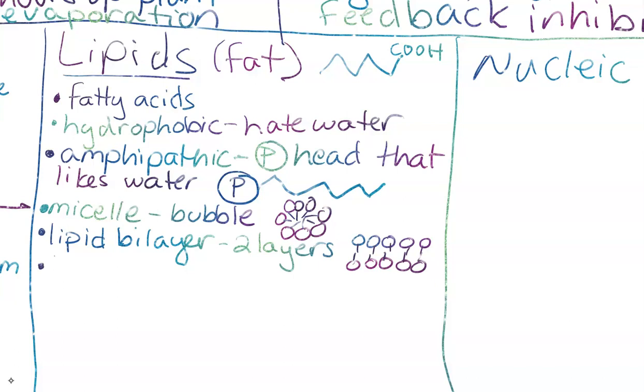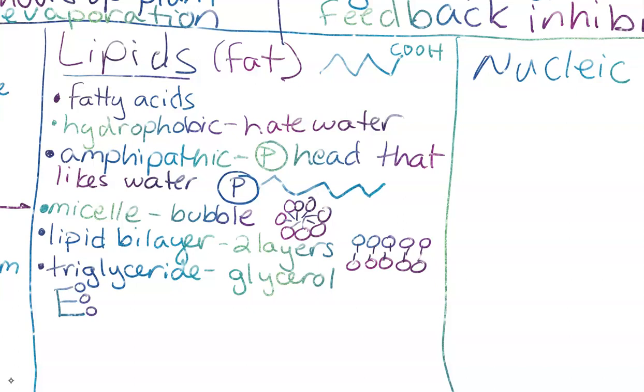A common simple fat is called a triglyceride. This is made of glycerol. Glycerol looks like this, like an E with O's, plus fatty acids, three of them to be exact: 1, 2, 3.